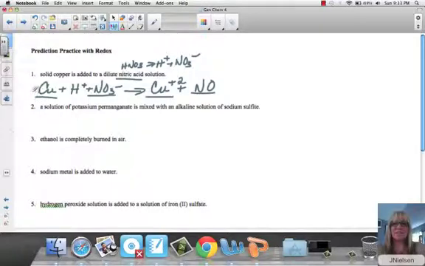A solution of potassium permanganate. So we've got KMnO4, and I know that this is going to be involved as soon as I see the permanganate ion is mixed with an alkaline solution of sodium sulfite. So we've got sodium sulfite, Na is plus 1, sulfite is minus 2, so Na2SO3.